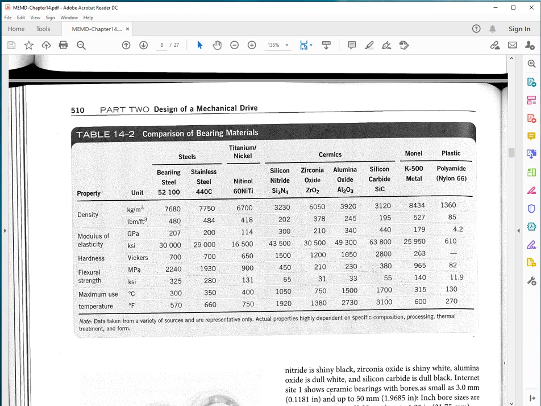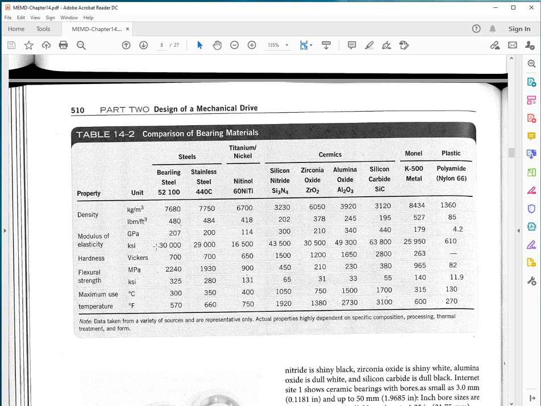So there are bearing materials that are listed in this chapter with their properties. You can see it could be other than ceramic. The ceramics are stiffer materials, so you can look at modulus of elasticity.